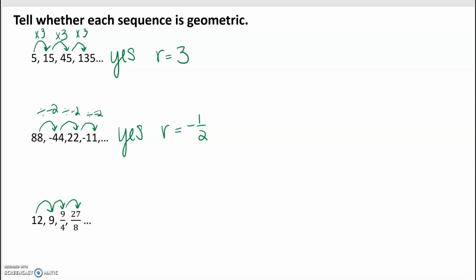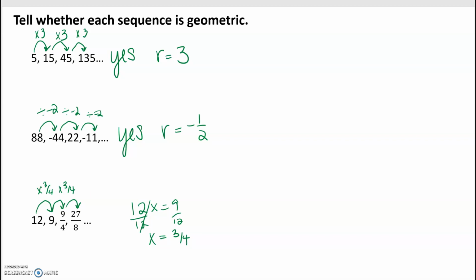So 12 times something is going to get me to 9. So what I'm really doing is trying to figure out what that ratio is. So I'm going to divide by 12, and I get 3/4. Okay, so that's one way you can figure out if you're not quite sure what that pattern is. So I'm actually multiplying by 3/4 each time in order to get that next number in the sequence.